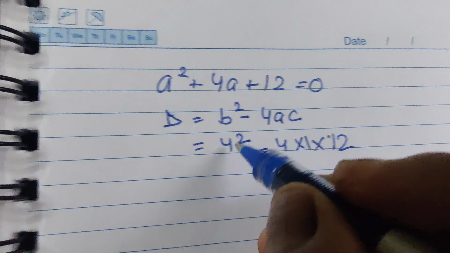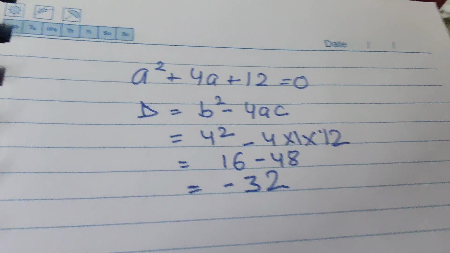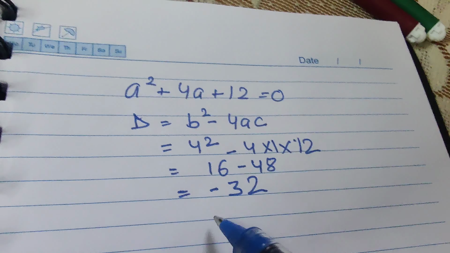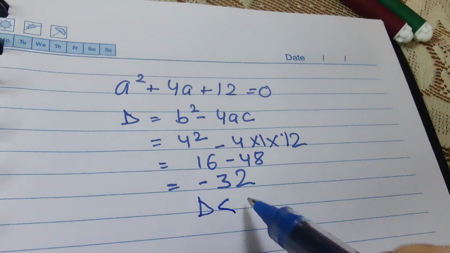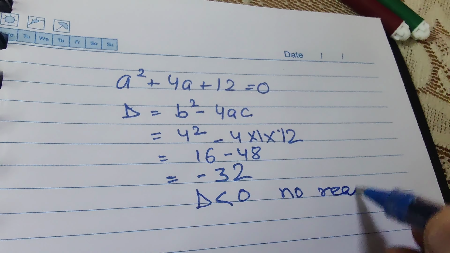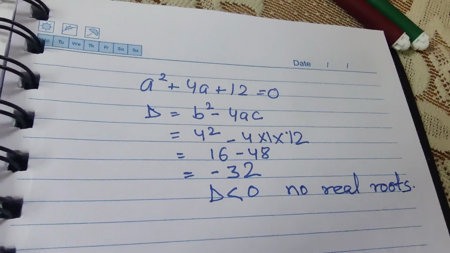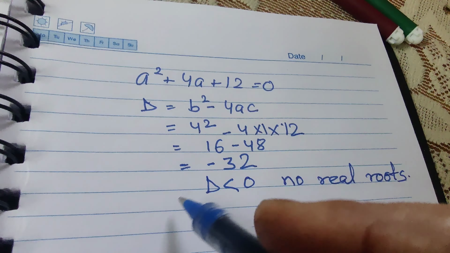Okay, so we get 16 minus 48, minus 32. It means the discriminant is less than 0. It means no real roots. Okay, now find the imaginary roots.